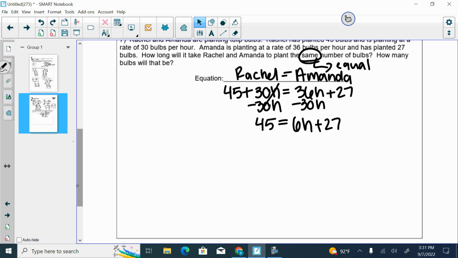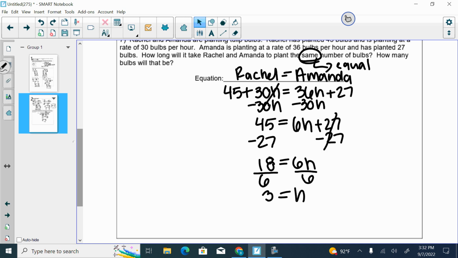Subtract what? Good. And what is 45 minus 27? Good. So I have 18 equals 6H. And my last step would be to divide. So what do we end up with for H?